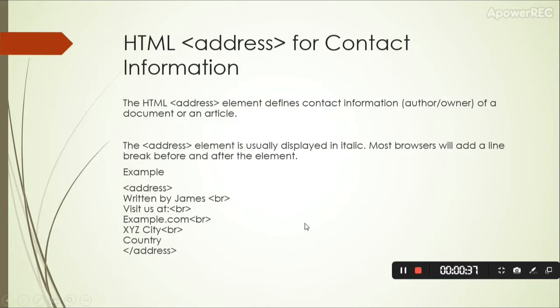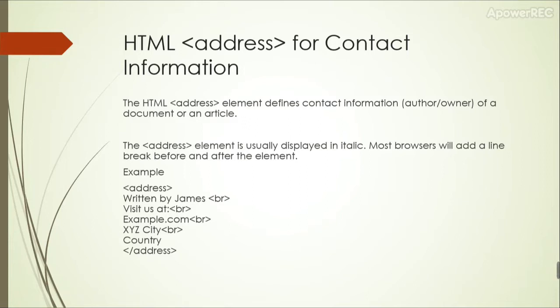Next one is address tag. HTML address for contact information. The HTML address element defines contact information, author, owner of the document, or an article. The address element is usually displayed in italic. Most browsers will add a line break before and after the element.